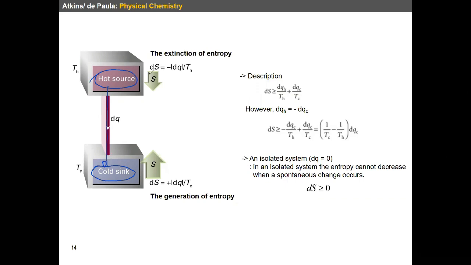Then dS, the entropy change at this hot source, will be dQh over Th, right? And the entropy change of this cold sink will be dS equal to dQc over Tc, right?